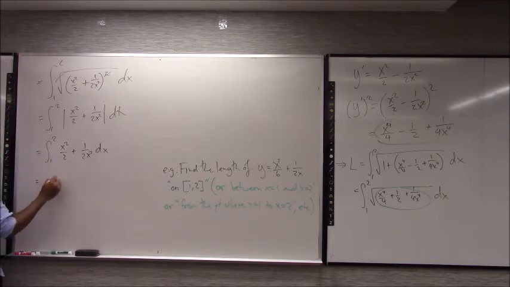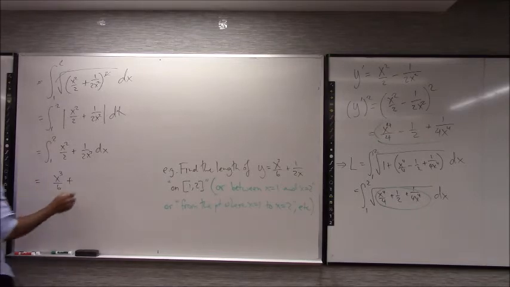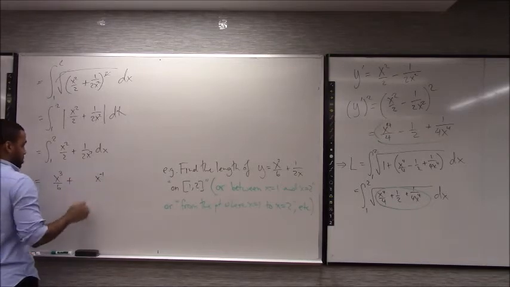And so this we can integrate. That's x cubed over 6 plus this would be x to the minus 1, or minus 1 over 2x.